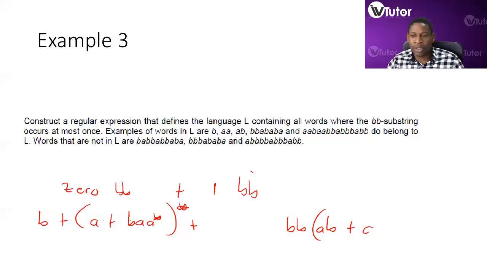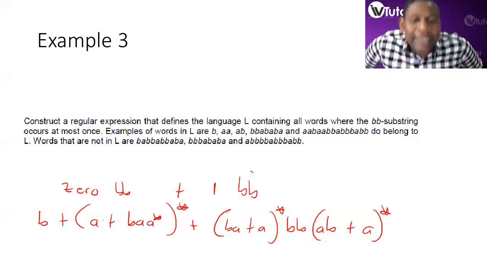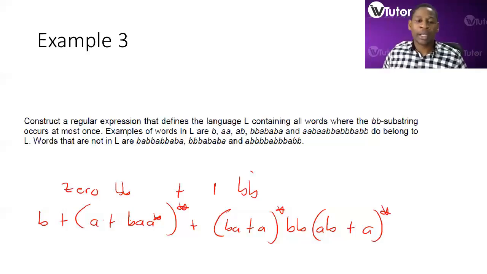So I can rather do this or A, and here I can have BA or A, like that. So this becomes all the words with at most one BB and no BB at all.